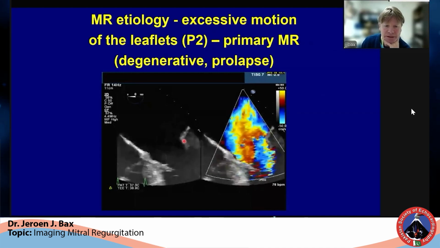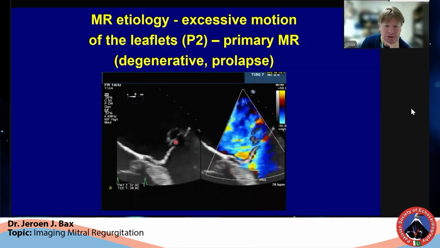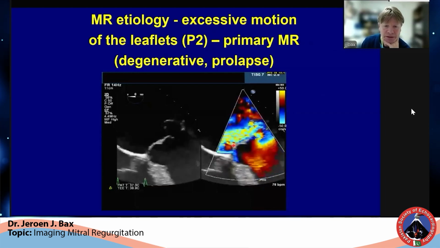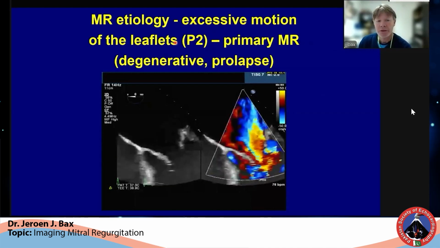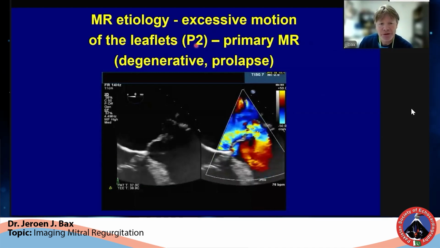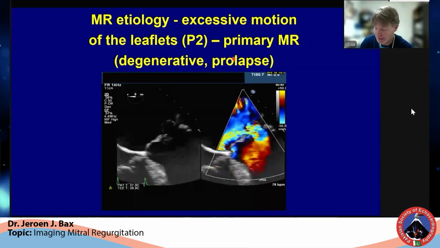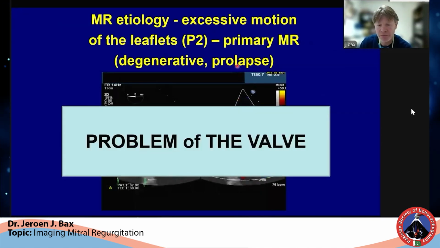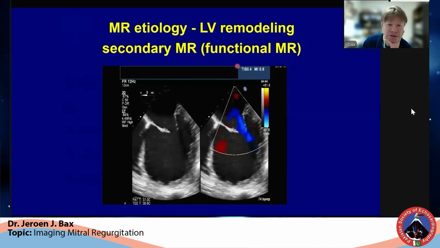And the jet always goes away from the prolapsing part. So this is the prolapsing part, and the jet goes in that direction. So MR etiology: excessive motion of the leaflets, P2, primary MR. This is a degenerative disease. It's a prolapsing disease. It's a problem of the valve. It's not a problem of the ventricle. This is what we see mostly now in the Western world.